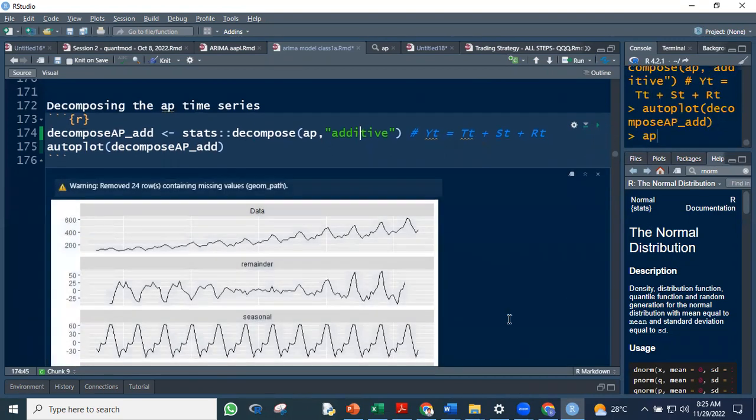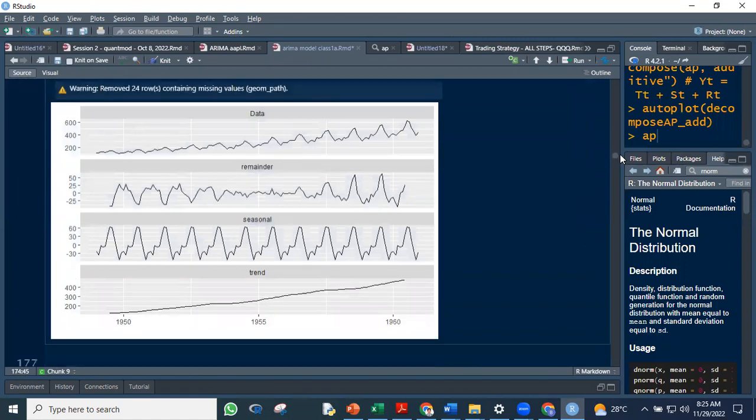So when we plot this, we can see that our data is this one, and we decompose it into the trend plus the seasonality plus some random value. It's equal to the time series.